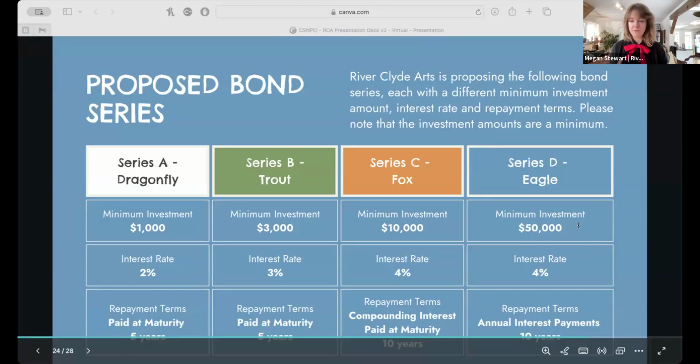Interest payments are paid out to bondholders via direct deposit. Tapestry also takes care of the tax administration. They support bond issuers like River Clyde Arts in preparing, filing, and issuing things like T5 statements, which are sent out annually to investors.